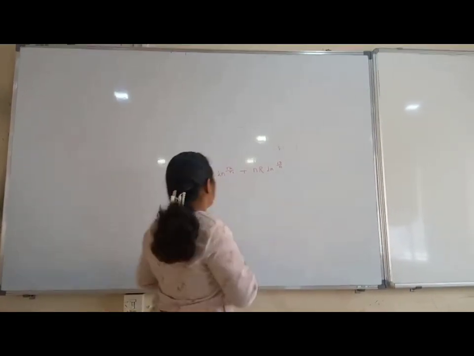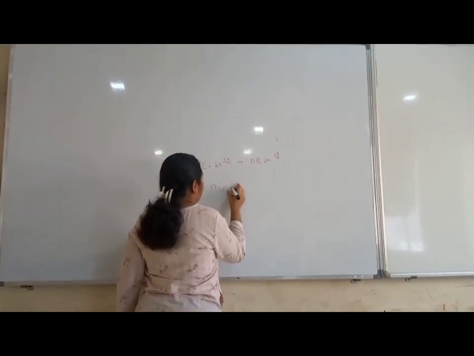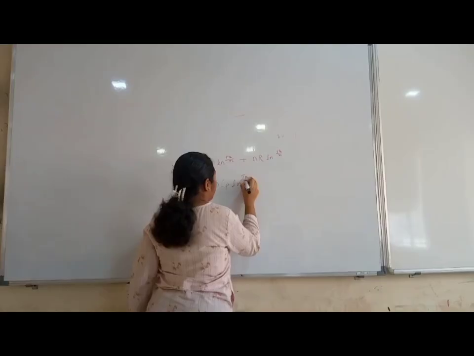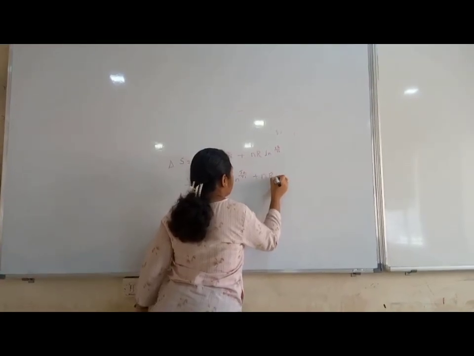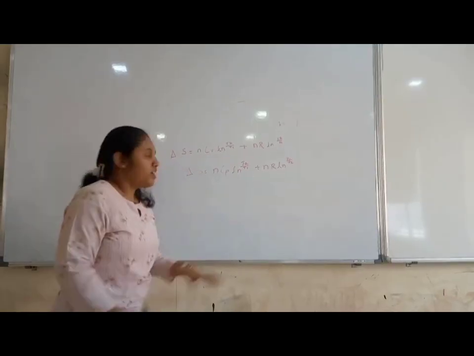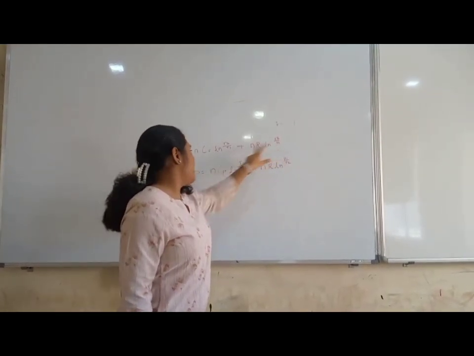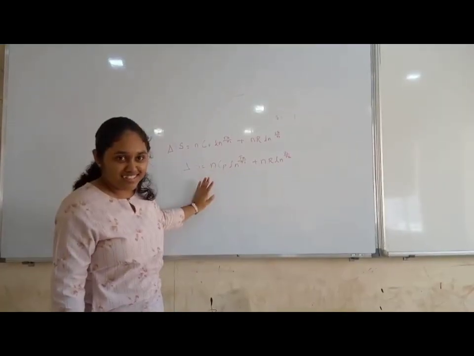From that we get delta S equals nCp ln(T2 by T1) minus nR ln(P2 by P1). This is one formula, and it is easy to remember.